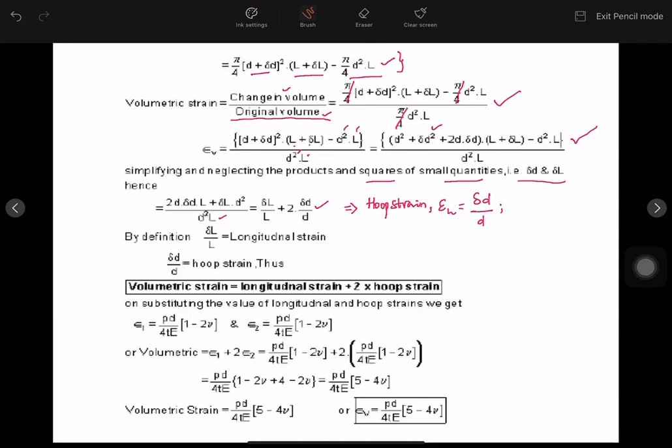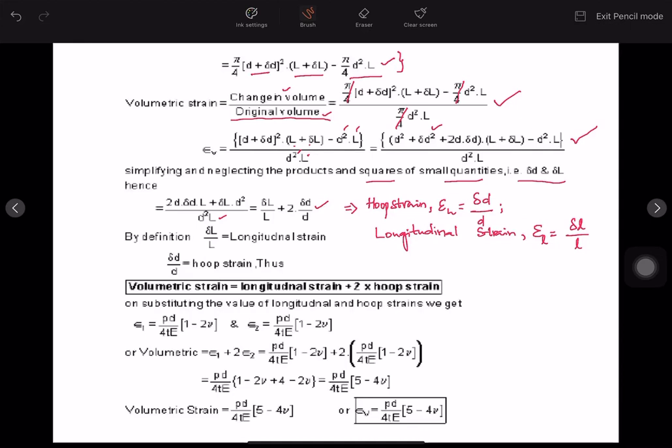In the same manner, longitudinal strain epsilon L equals to delta L by L.